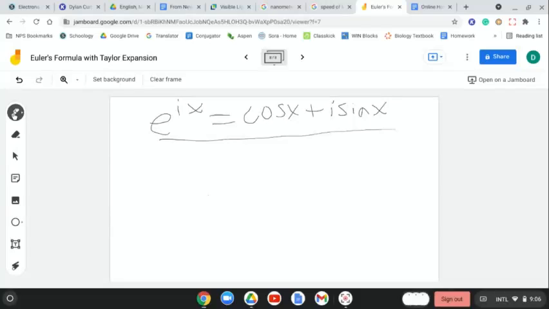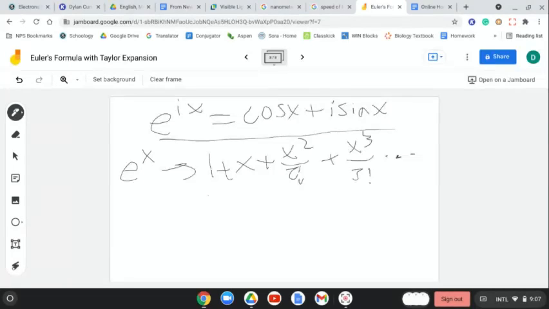Okay, so the Taylor expansion for e to the x is as follows. It's 1 plus x plus x squared over 2 factorial plus x cubed over 3 factorial, and this goes on forever. I'm hoping that makes sense to the people watching the video.